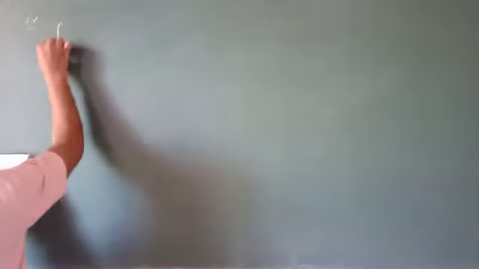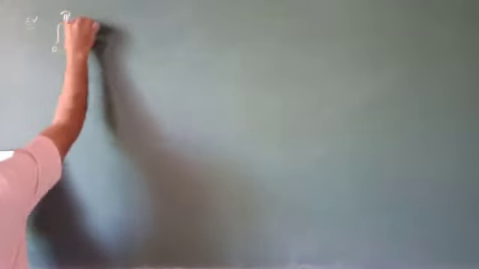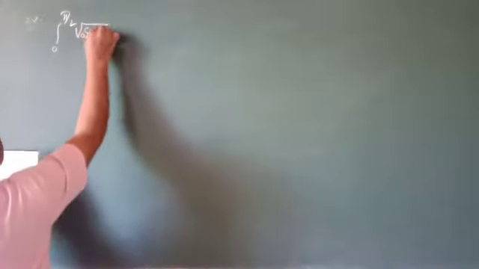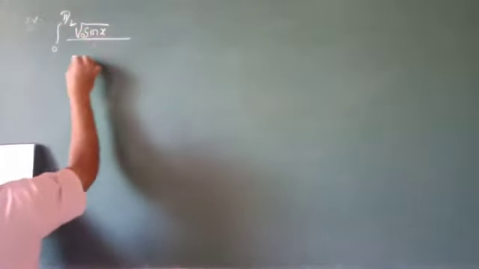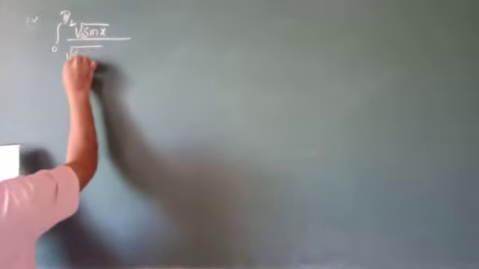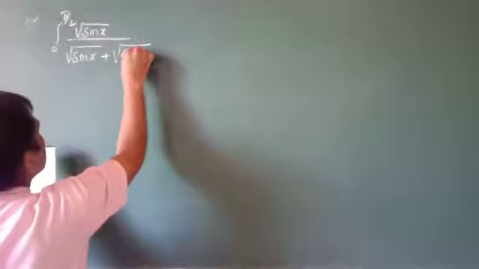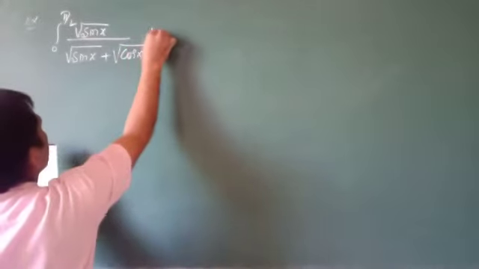Okay, next example: solve the integral of 0 to pi by 2 of square root of sin x divided by square root of sin x plus square root of cos x with respect to x.